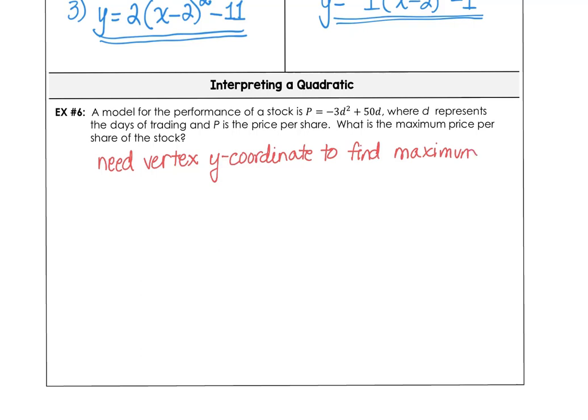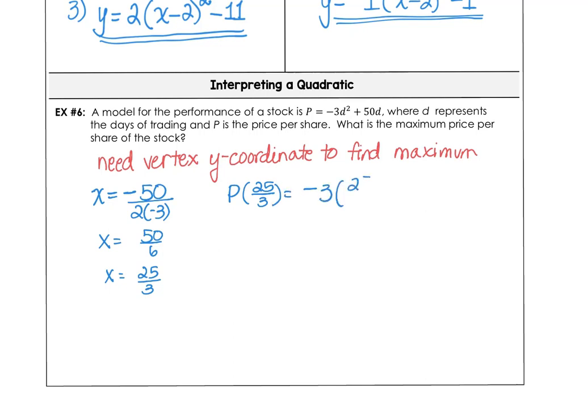So giving that a shot, we need x is the opposite of b divided by 2 times a. So this is 50 divided by 6, or 25 thirds. So evaluating the parabola at 25 thirds, we've got negative 3 times 25 thirds squared plus 50 times 25 thirds.